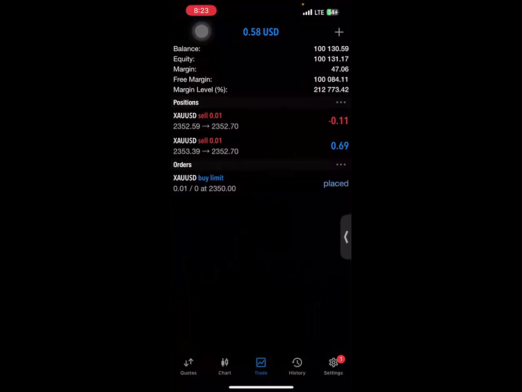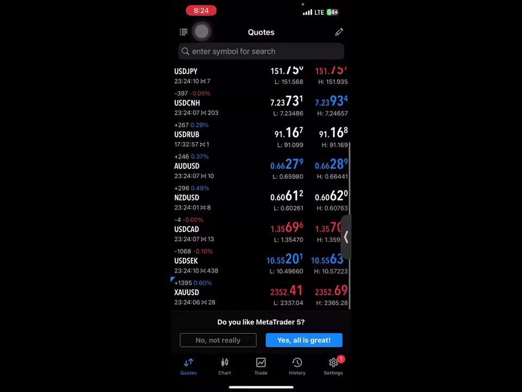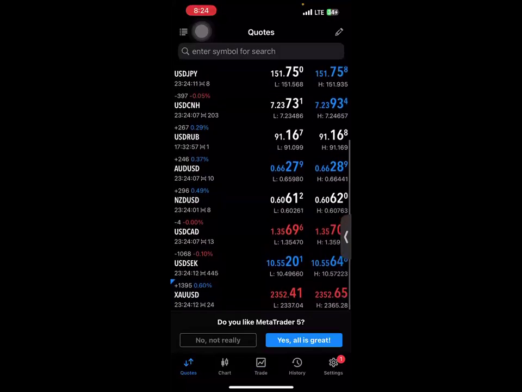Now let's go to the parameters, all right? The first one I'm going to be showing you is how to modify. But before then, I also want to enter another trade, instant execution this time around. I want to use it to explain a particular parameter. So let's use XAU USD.